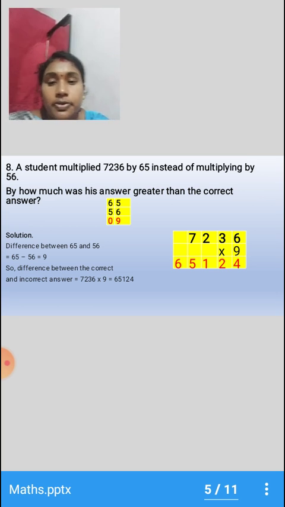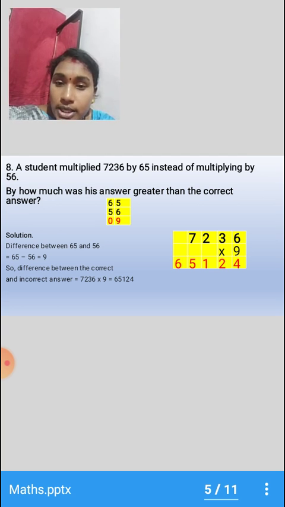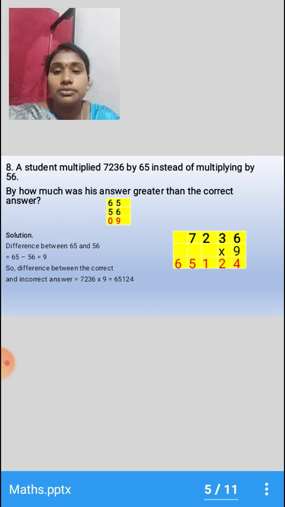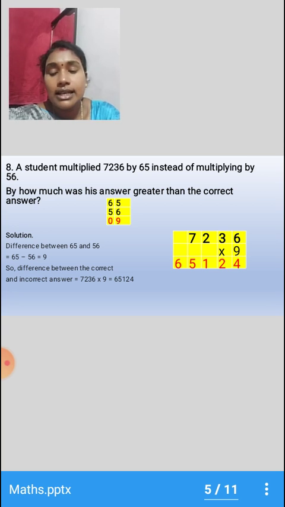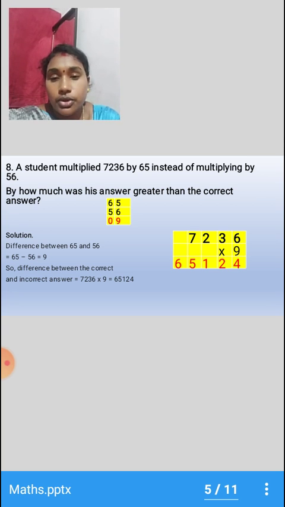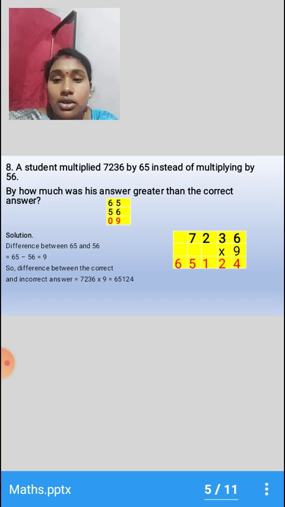Okay, so for that you have to first find out the difference between 65 and 56. So what is the difference between 65 and 56, children? It is 9. So you got the answer as 9. Now you have to find out the difference between the correct and the wrong answer.